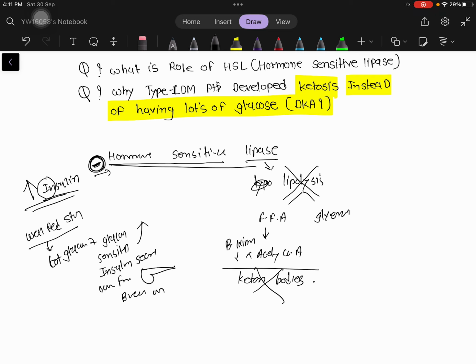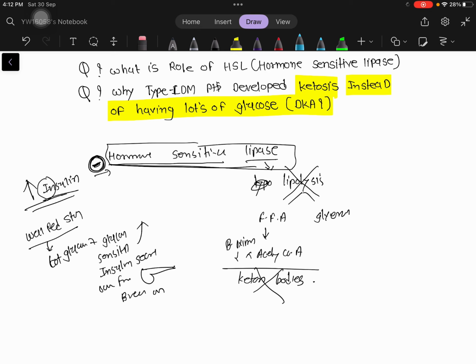So this is the role of the hormone sensitive lipase, and there is an interaction between insulin and hormone sensitive lipase, which the exam keeps asking about year by year: what does insulin do on hormone sensitive lipase? It inhibits. So you have to remember that insulin inhibits the hormone sensitive lipase.